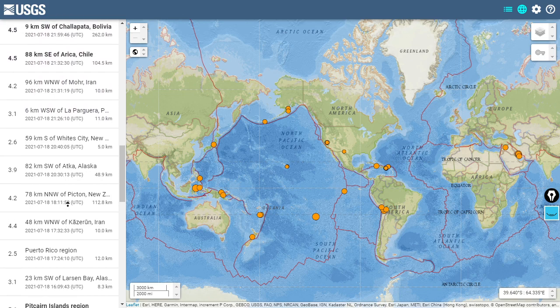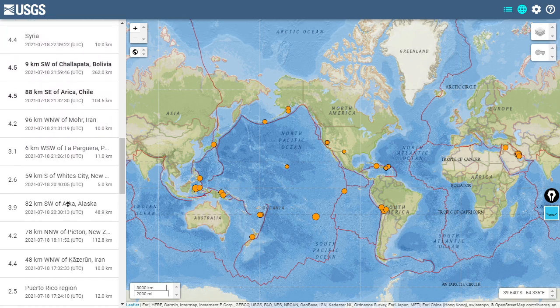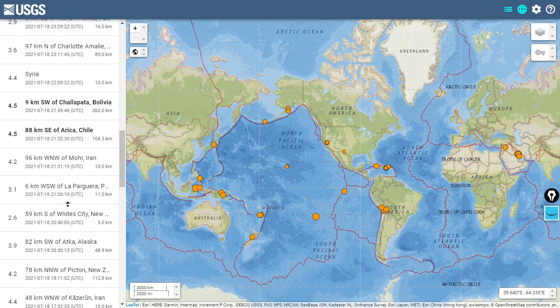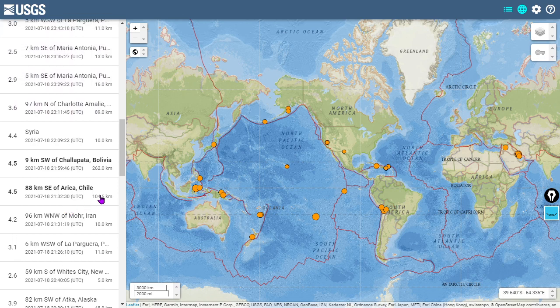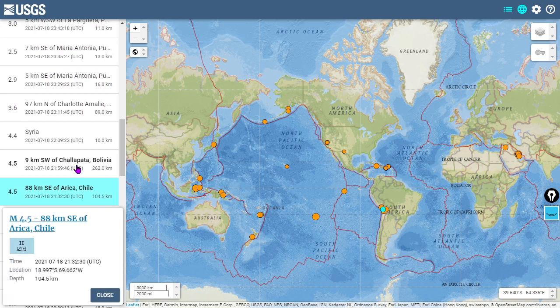That one at depth also, 112 kilometers estimated depth for that. Chile saw a deep quake, as well as Bolivia. Those both 4.5 magnitudes. One over 100 kilometers, one over 250 kilometers. And those taking place about a half hour apart there, and pretty close to each other as well.